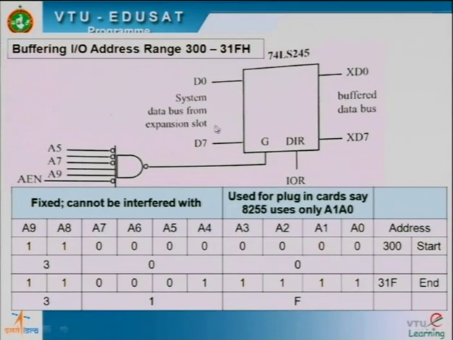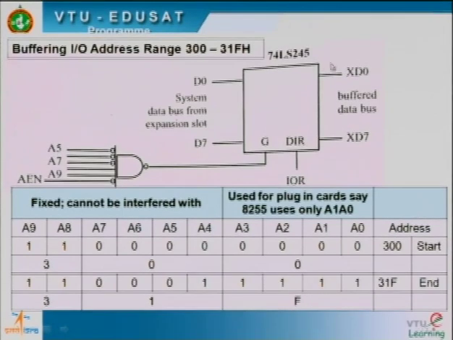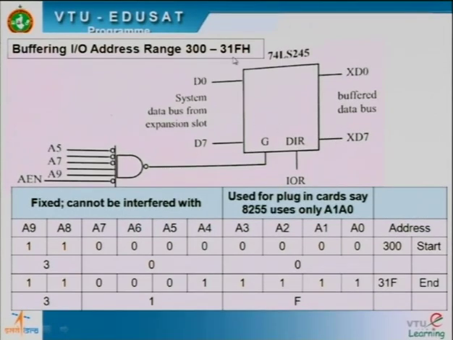One is using a bidirectional latch like this 245, and this latch is enabled only for a certain range. This is an example wherein whatever devices are connected to this 245 will work only in this range, 300 to 31F, and the other ranges these devices will not interfere with.